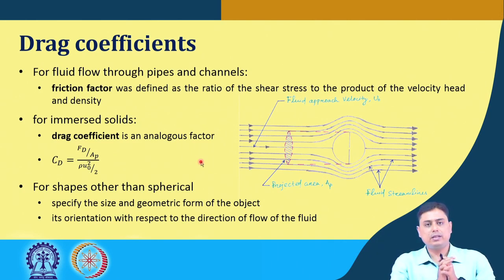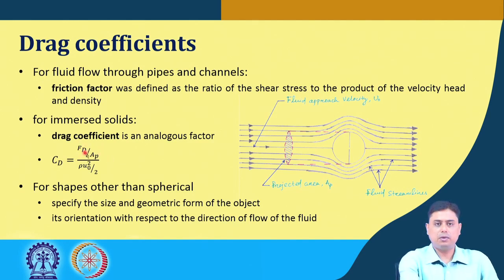In such cases we come up with a factor called the drag coefficient, which is analogous to the friction factor. It is defined as the drag force per unit area divided by the product of density and the velocity head.